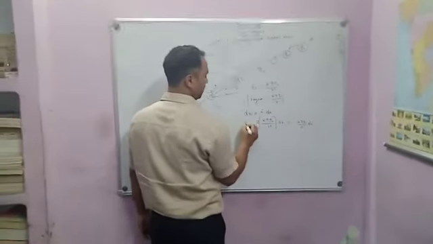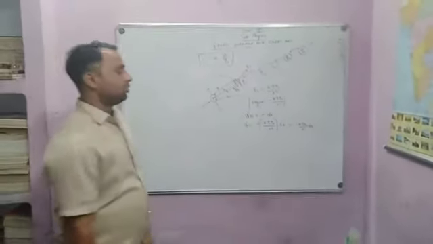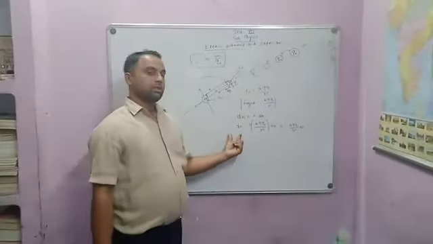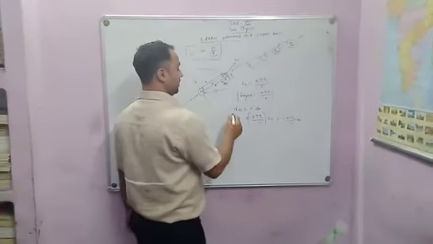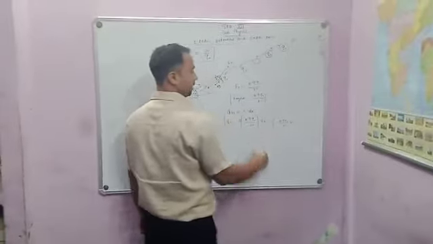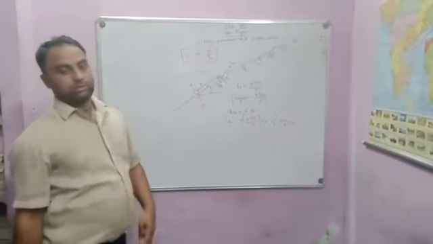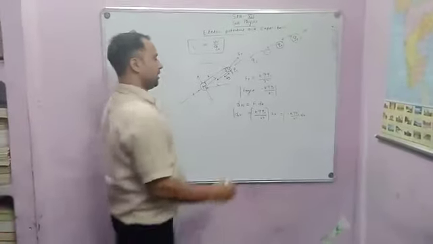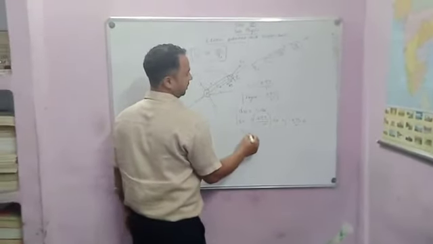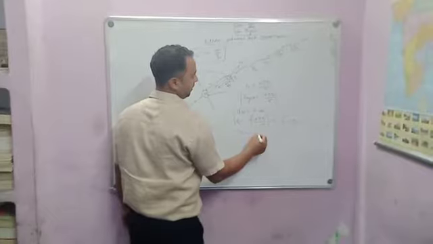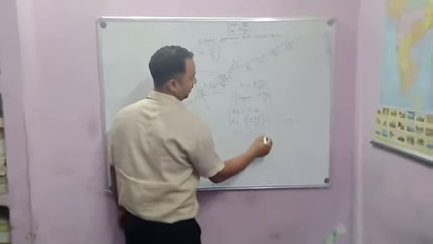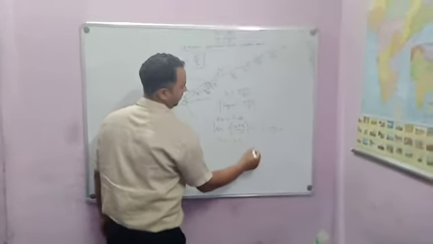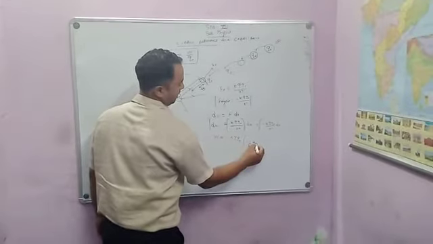If we want the total work done, we have to integrate. The total work done W is equal to minus Q naught times the integral of 1 by x square dx.